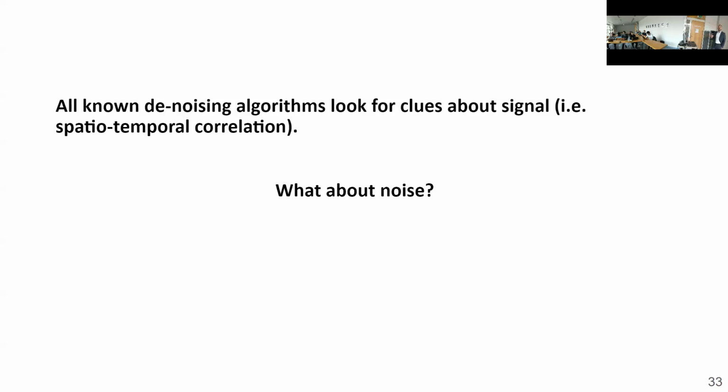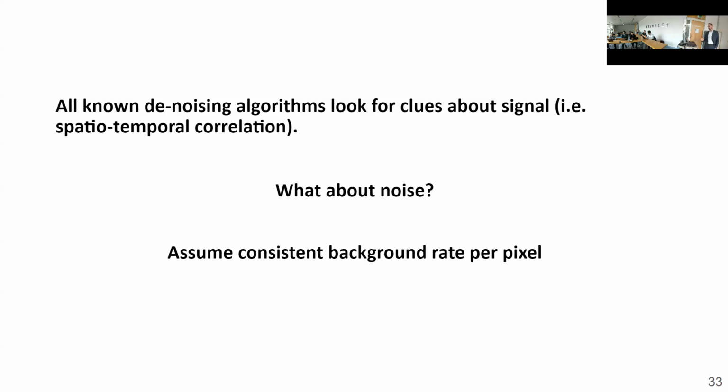So I started thinking about what do we know about noise? And one thing that we know after all this noise statistics we studied is that noise tends to be fairly constant for each pixel. So if I look at a very simple method and I just assume that each pixel has a relatively constant rate over the course of recording, I can take a dark recording with no signal in it.